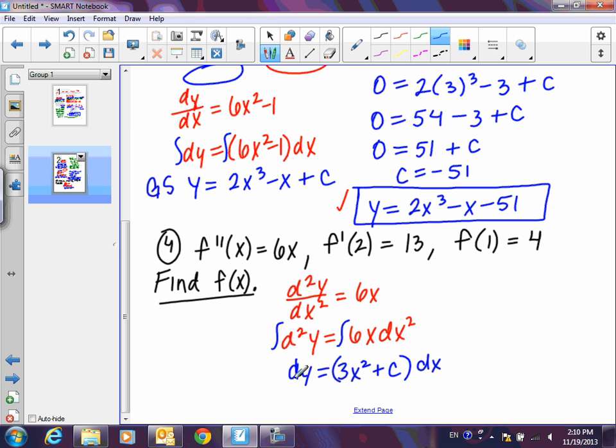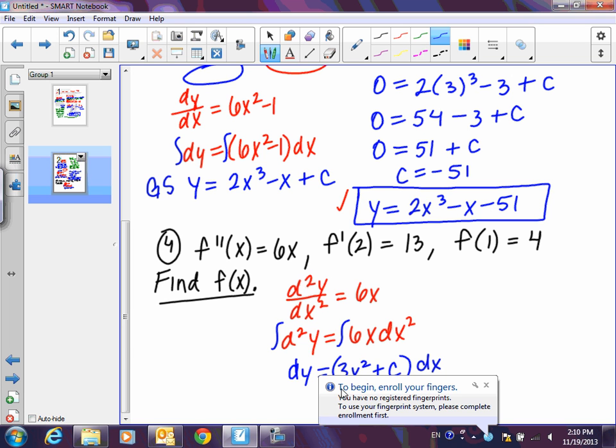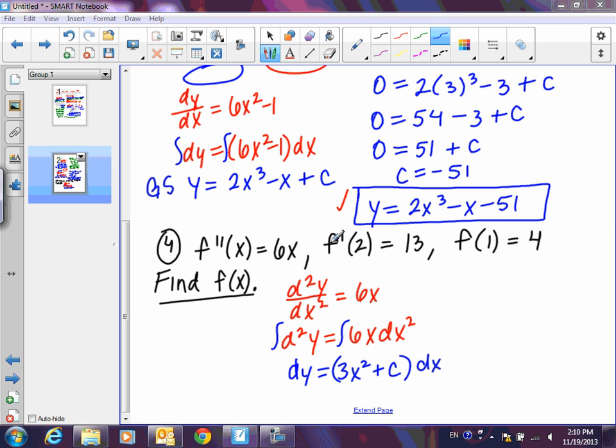I know I'm going to have to integrate again if I'm trying to get all the way back to f of x. But before I do that, I need to use this piece of information right here. Do you see something that looks like f prime? Is dy the same as f prime? No, dy over dx is.